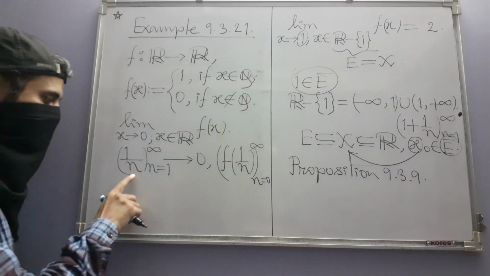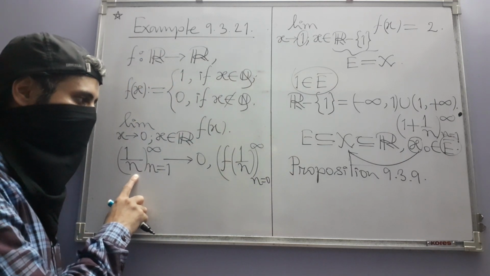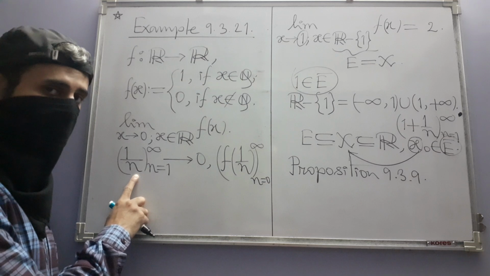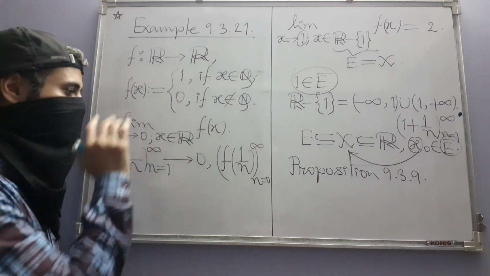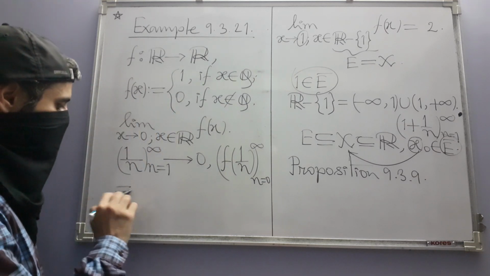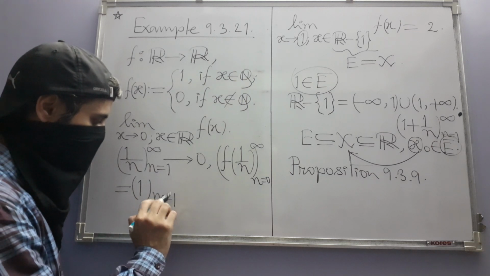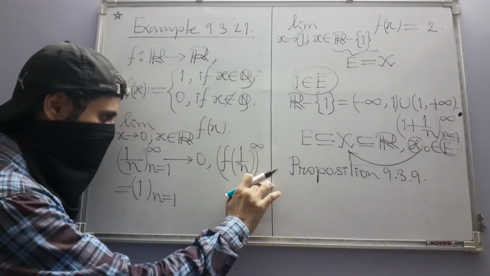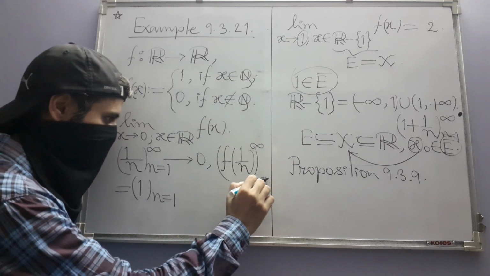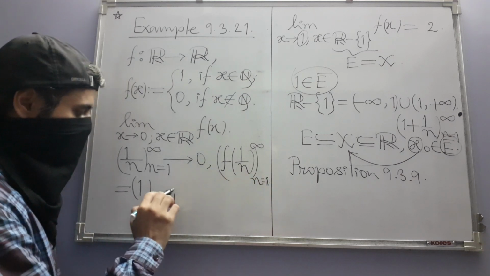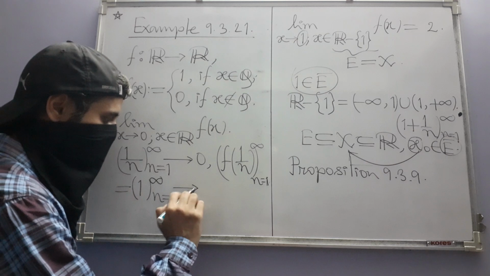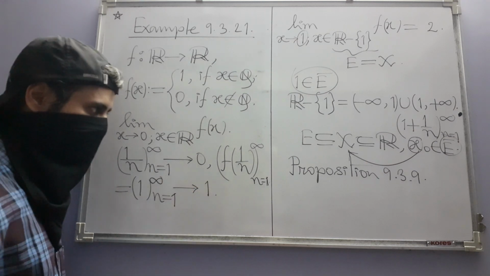Note carefully that these are not just real numbers but actually rational numbers. So by the definition of our function, this is the constant sequence 1. So this converges to 1.